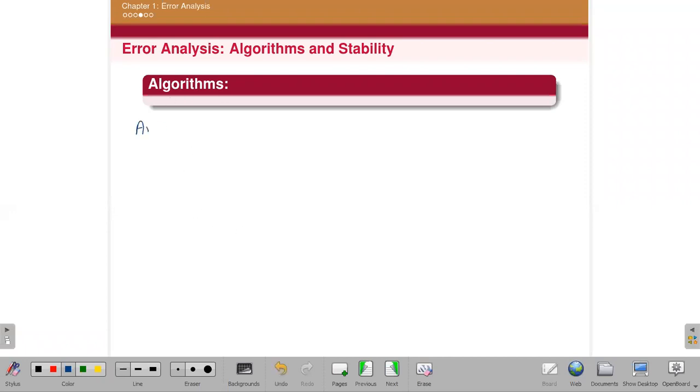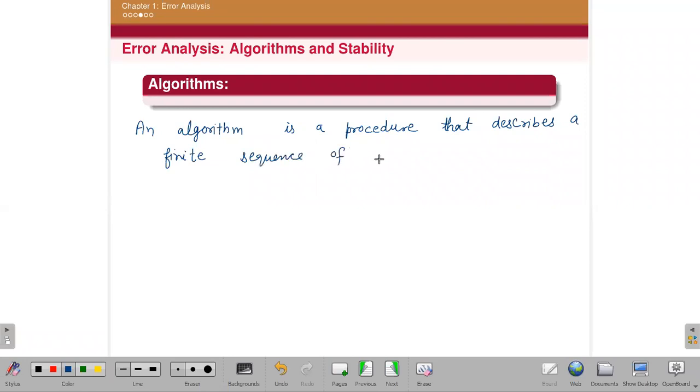So by proper definition, an algorithm is a procedure that describes a finite sequence of steps to be performed in a specified order.